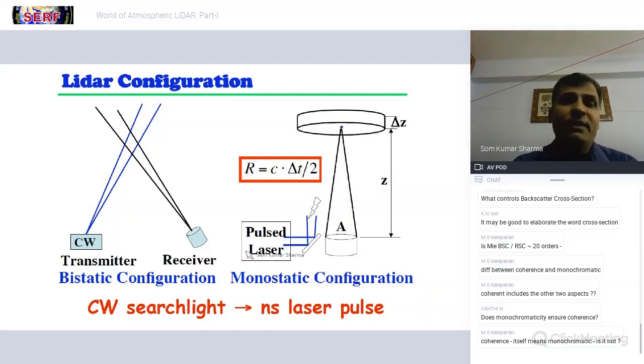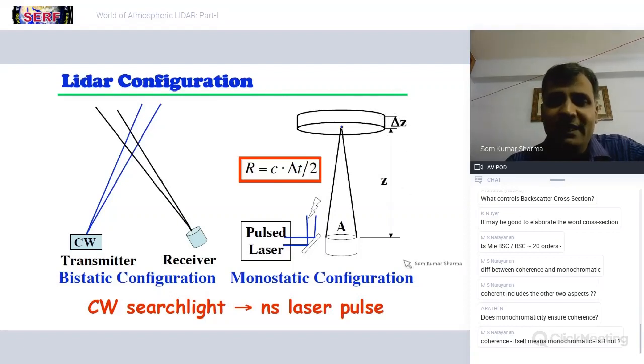So in the monostatic configuration, the laser, or transmitter, and the telescope are together, almost on the same frame. Here the laser beam is pulsed, and with the telescope you receive the signal from all the altitudes. Here A is the area of the telescope, delta Z is the vertical resolution, the volume you are illuminating, and Z is the altitude.